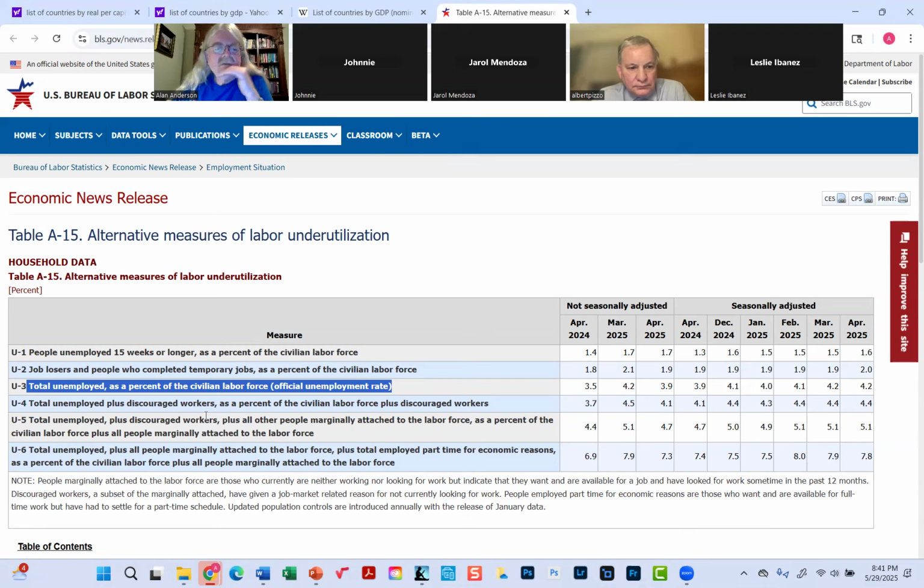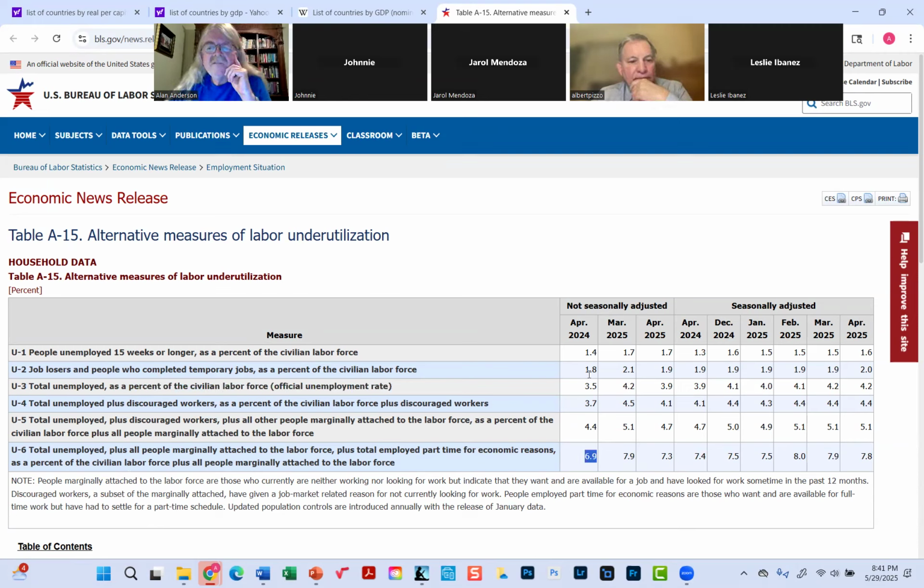U5 is you add to U4 plus people who are just sometimes accepting part-time work, that type of thing. So in other words, each one of these U's adds more people to what's defined as unemployed. Okay, so that means that the unemployment rate for U6 is the highest, and for U1 it's the lowest.